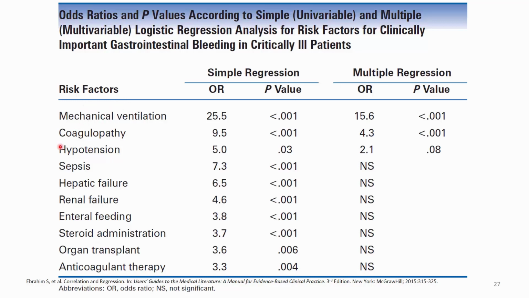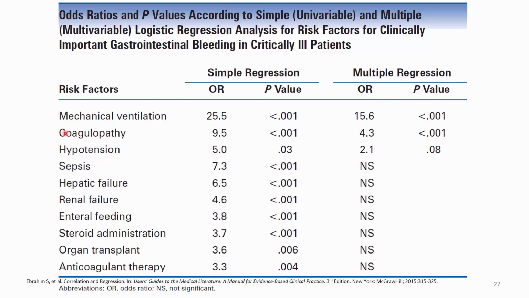So in a multivariate regression analysis, mechanical ventilation gave me a p-value that was statistically significant, and the odds ratio was 15.6. Now that's important because we also accounted for all the other variables, and still mechanical ventilation had increased odds of bleeding, which was significant.